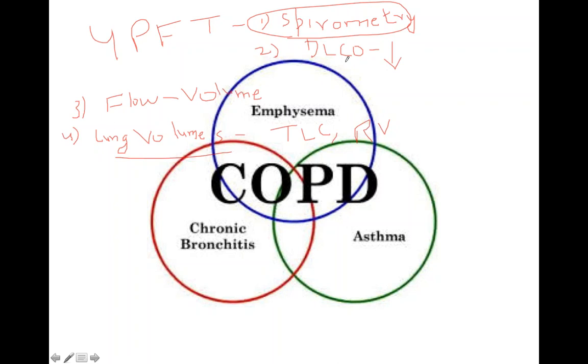Pulmonary vascular disease. This point is not very important. Spirometry is normal but we find decreased DLCO, so it is pulmonary vascular disease. In asthma, DLCO is normal. In bronchitis also DLCO is normal. It is not decreased. So I'm asking about decreased DLCO. It is seen in pulmonary vascular disease.